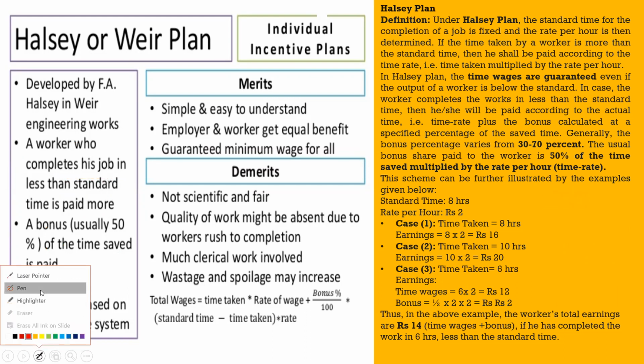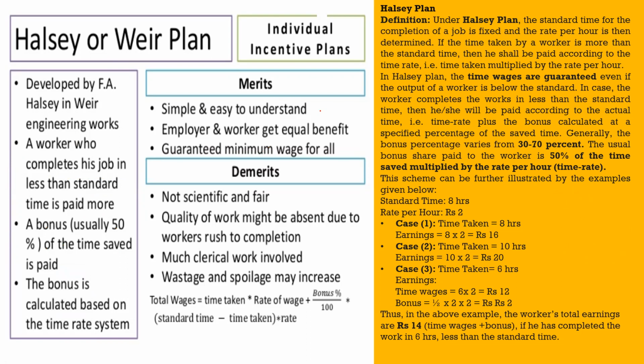Since we are discussing the time rate system, the Halsey plan is the first one. Here you can see the merits and demerits. Simple and easy to understand. Yes, this is somewhat simple and easy to understand. Employer and workers get equal benefit, guaranteed minimum wage for all. Don't you think the employer and worker get equal benefit?